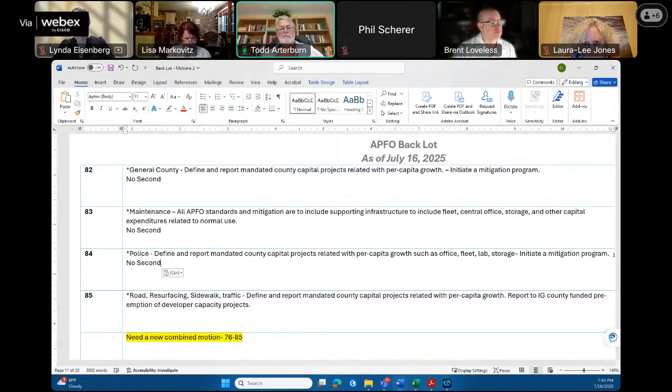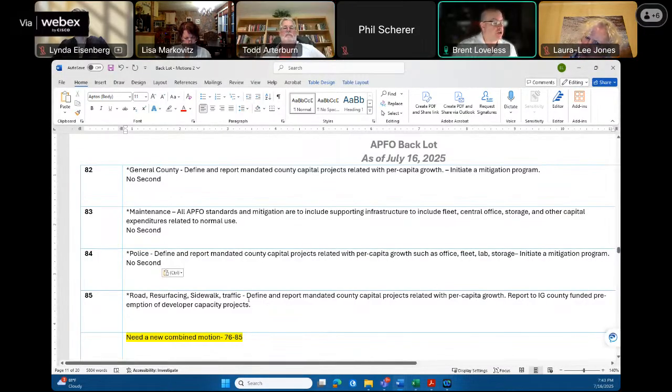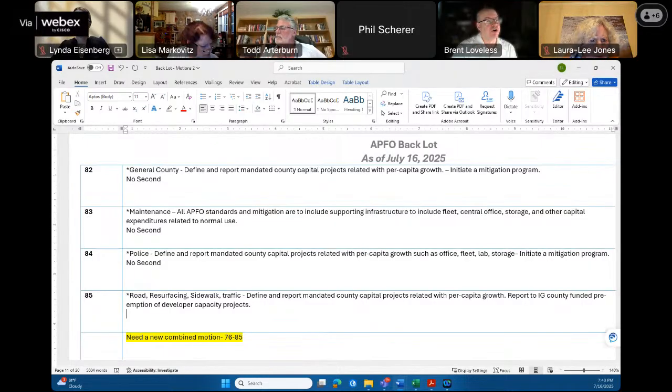Next item. I make a motion regarding road resurfacing, sidewalk, traffic. Define and report mandated capital projects related with per capita growth. Report to the IG county-funded preemption of developer capacity projects.